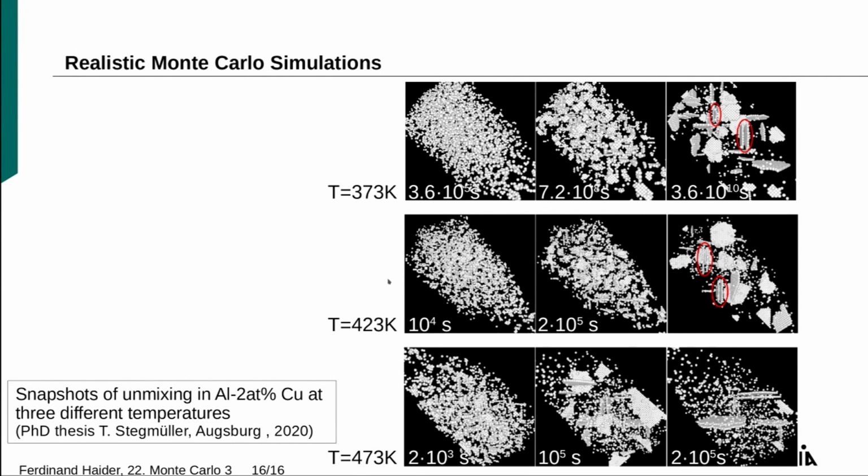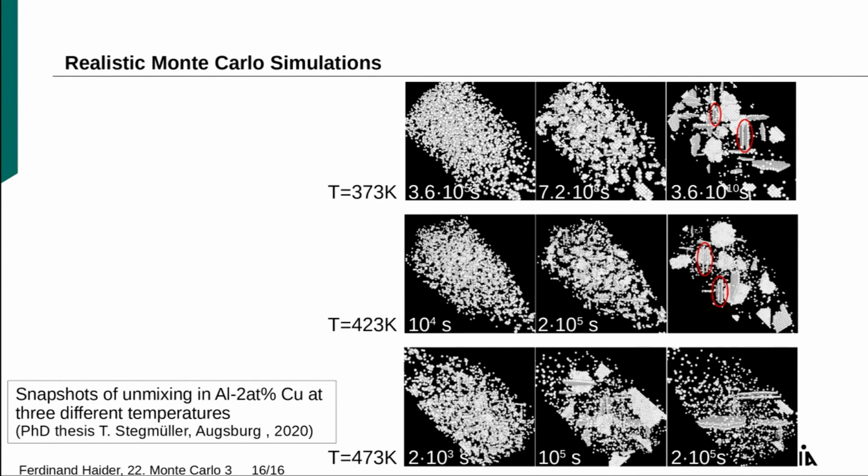So I can look up, he also did it for different temperatures. Here you see a table at one temperature for different times. Here you see at one time for different temperatures, raising temperature. And of course, at elevated temperature, things proceed faster.